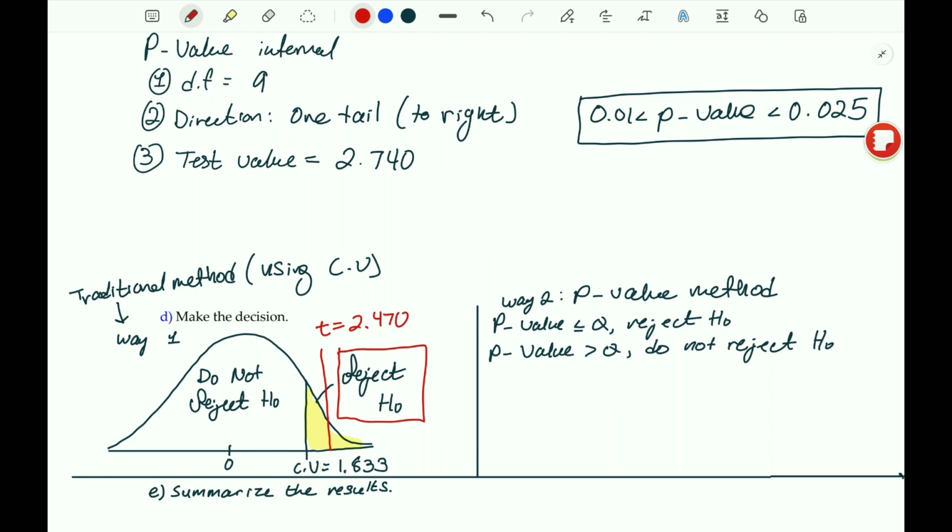For the p-value method, it says if the p-value is less than or equal to alpha, reject the null hypothesis. If the p-value is greater than alpha, do not reject the null hypothesis. Alpha is 0.05.